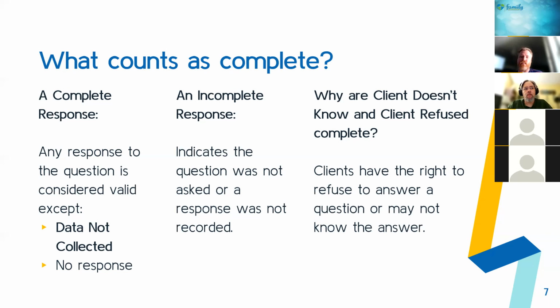They just aren't necessarily usable data points that we can use for other reports, or they'll show up as an error in the 640 data quality report, because that's really looking at the usability of the data. So again, client doesn't know and client refused are okay for completeness, but not necessarily in other reports.